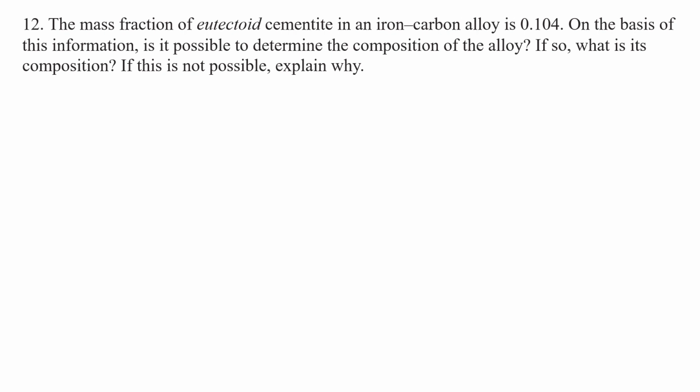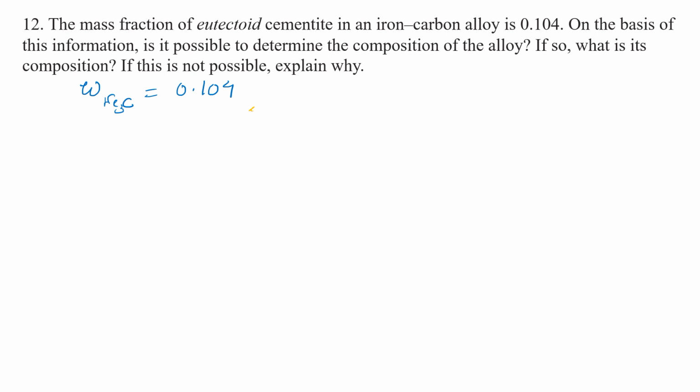So next question, number 12. We have been asked the mass fraction of eutectoid cementite in an iron carbon alloy is 0.104. So W eutectoid cementite, Fe3C, is given as 0.104. On the basis of this information, is it possible to determine the composition of this alloy?